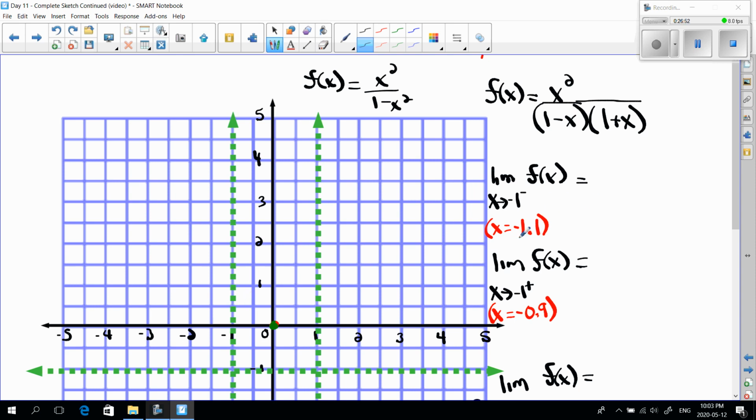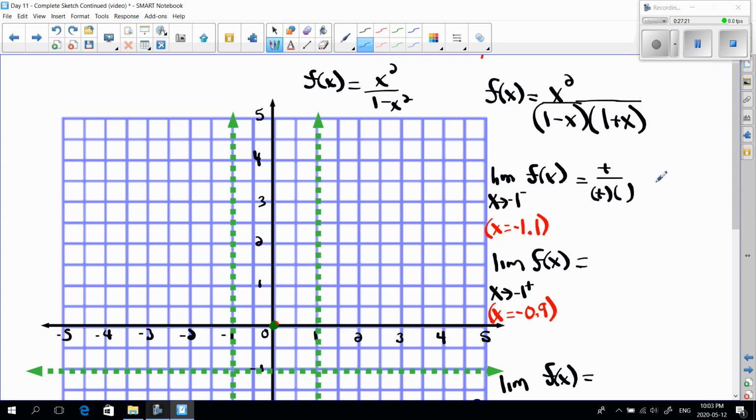So I'm picking a value that is less than -1. So something like -1.1 or -1.01 or -1.001. If I plugged that in for x and I squared it, the numerator would be a positive. This bracket down here on the bottom, 1 minus -1.1, well, that'll become 1 plus 1.1. It would give me 2.1.